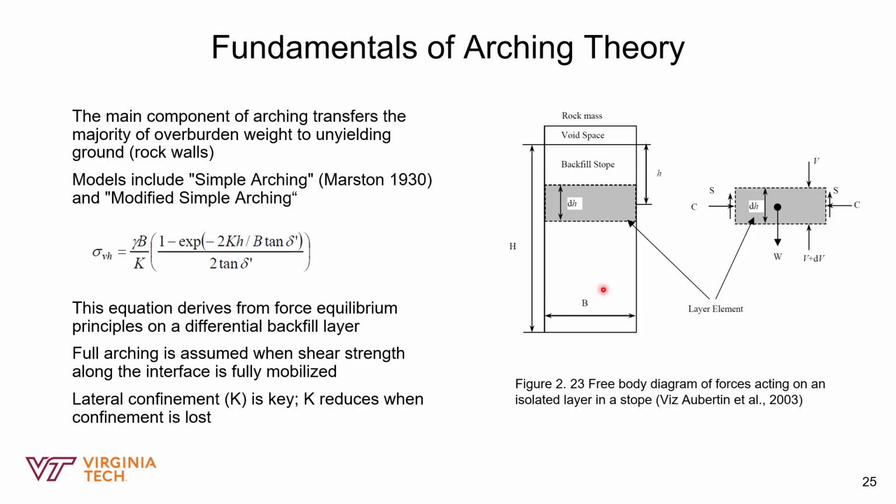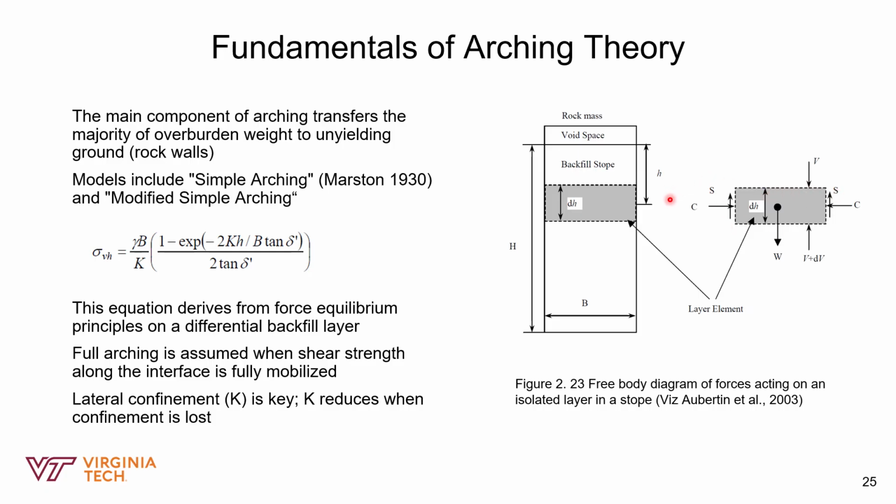So we see the weight of the material in the layer, W. And we also see the vertical stress V, which is acting down on the layer, and the slightly increased vertical stress V plus dV acting below it. So most importantly, we see the shearing force S on both sides.